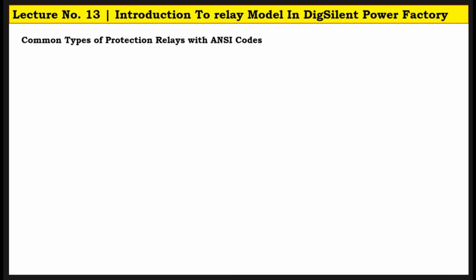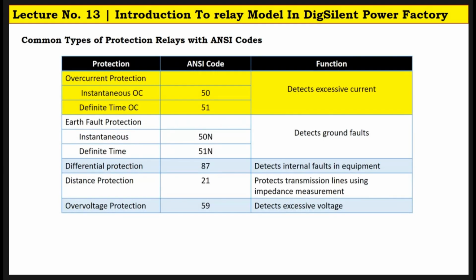At first, these numbers may look a little confusing. You may think, what does 50 mean? What does 51 mean? These numbers are used to identify the type of protection: overcurrent protection, earth fault protection, differential protection, etc.